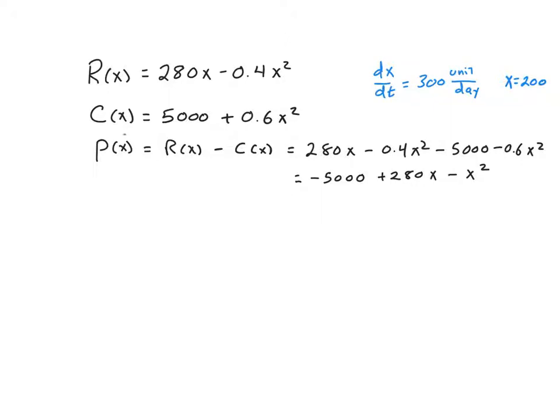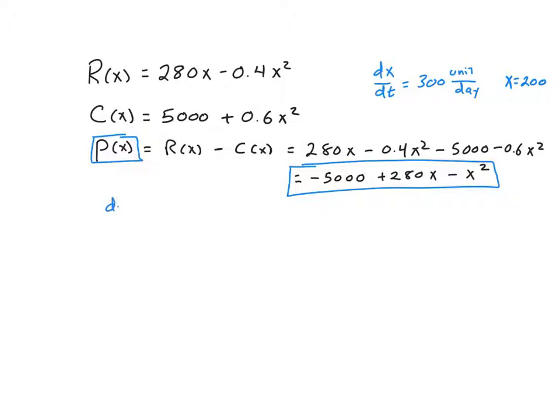Okay, and last, I want to look at this profit value, which is described by this function. And I could look at my revenue and my cost and say that since profit is always revenue minus cost, the rate of change of profit should be the rate of change of revenue minus the rate of change of cost.